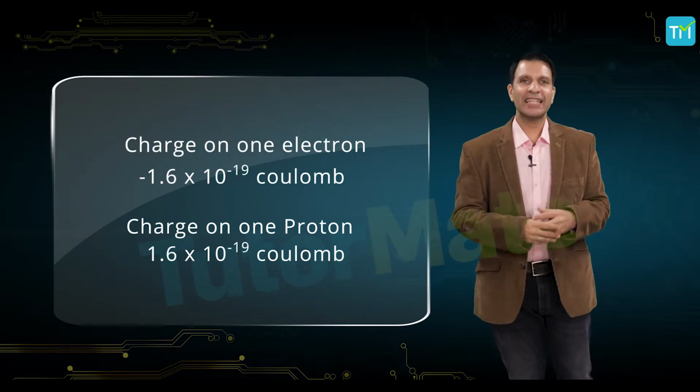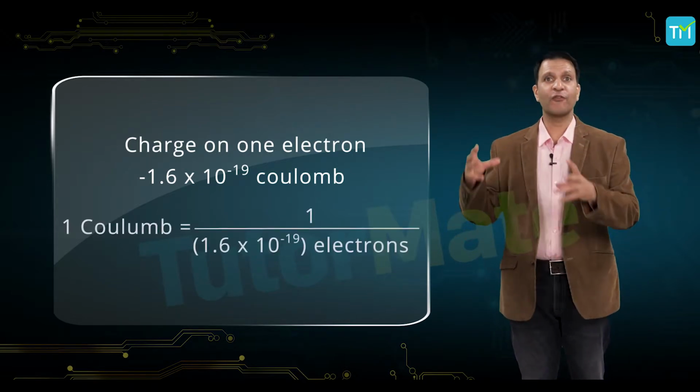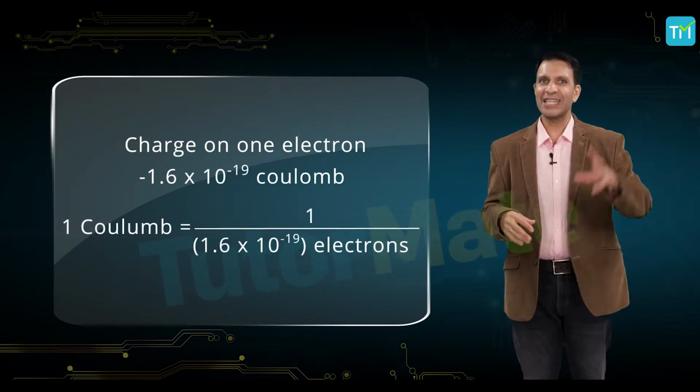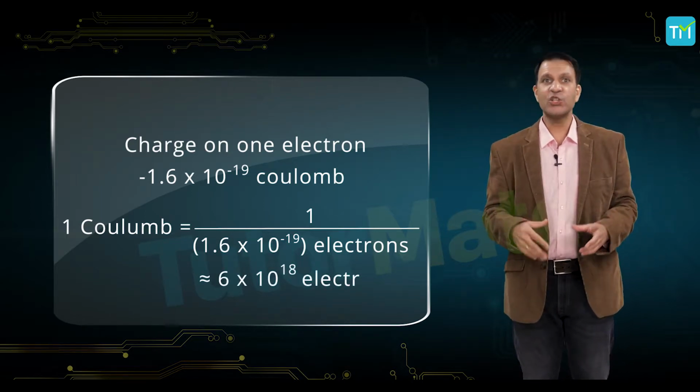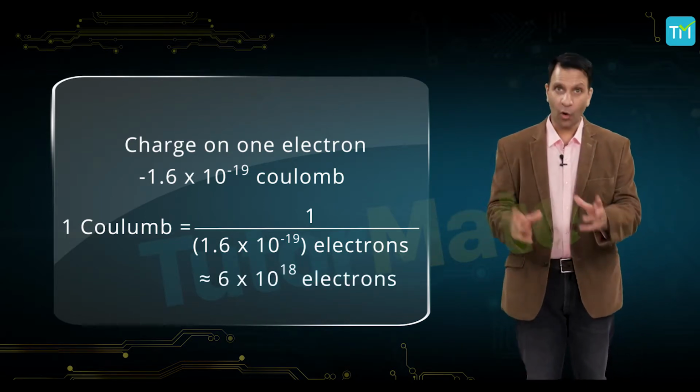This means that to obtain 1 coulomb of charge, we need almost 6 into 10 raised to 18 electrons or protons.